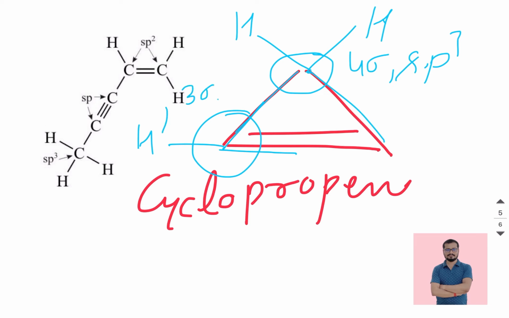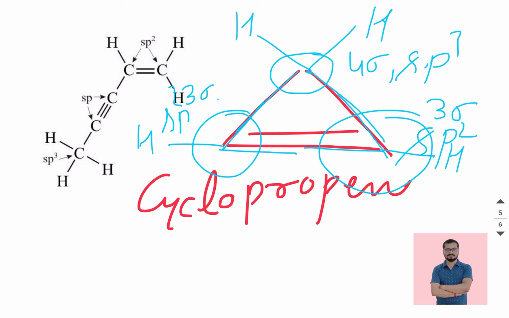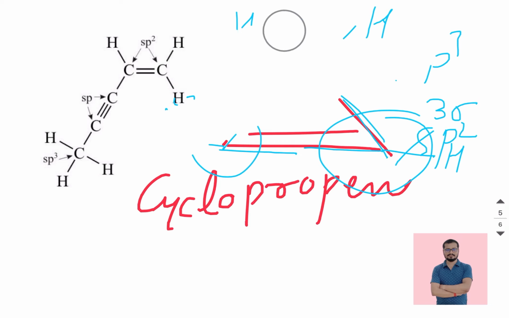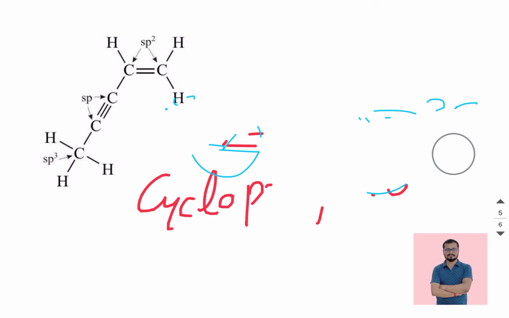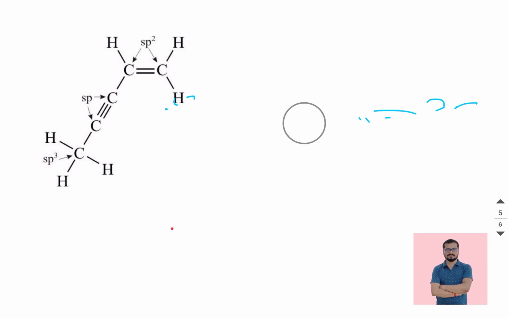So this has sp2 hybridization. For this carbon, it also has 3 sigma bonds: 2 sigma bonds with carbon, and a third sigma bond with hydrogen. Then this has sp2 hybridization. So simply, single bonds around carbon mean sp3 hybridization, a double bond around carbon means sp2 hybridization, and a triple bond around carbon means sp hybridization.